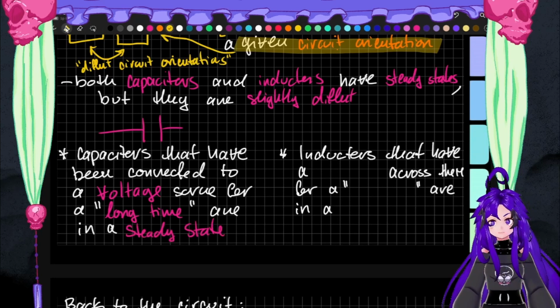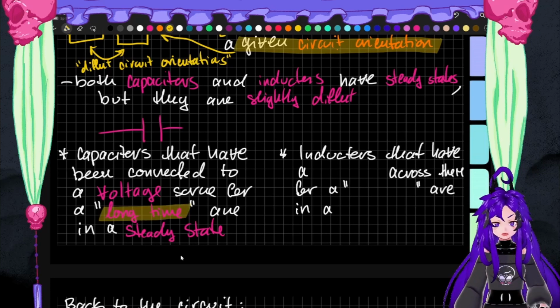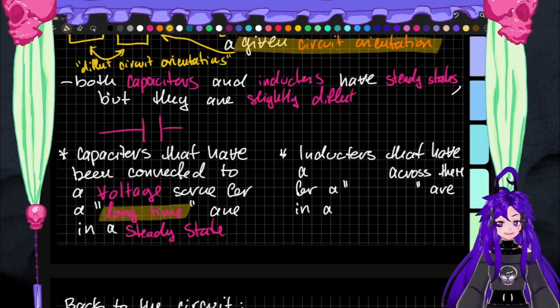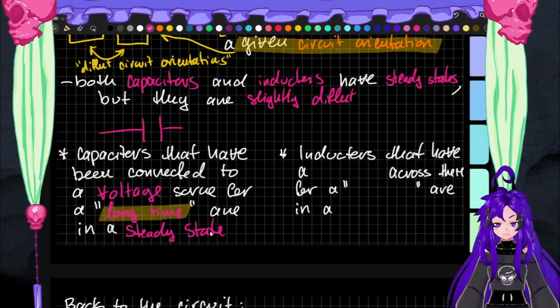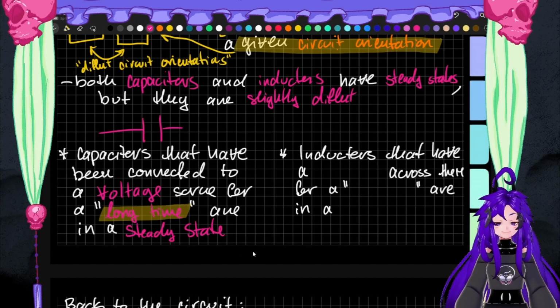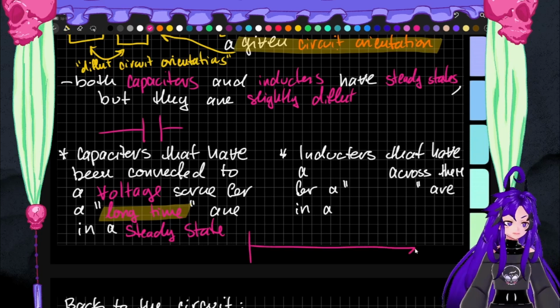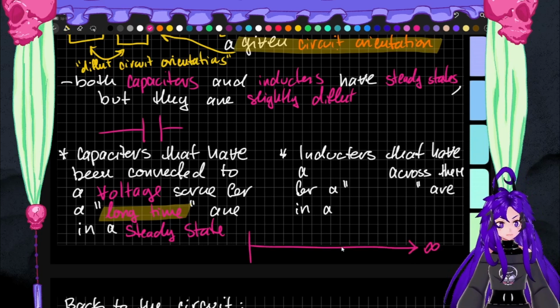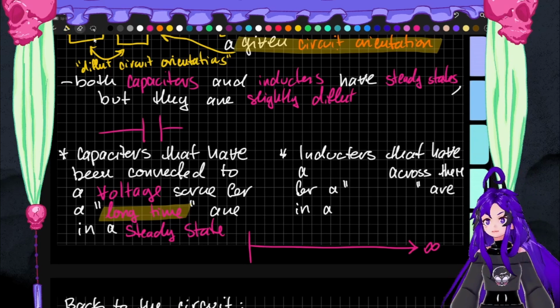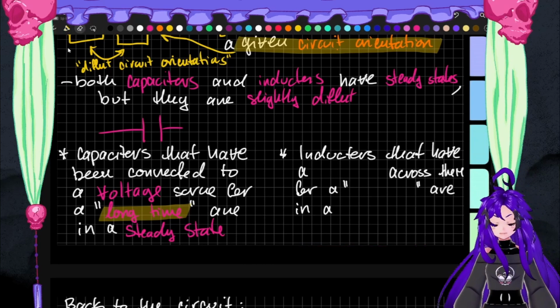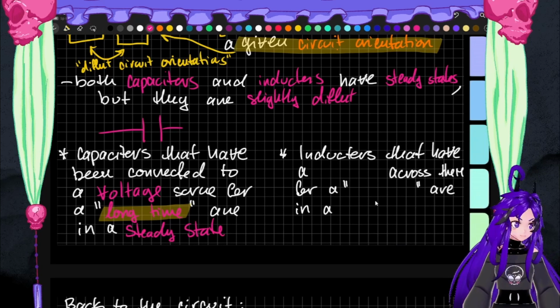And I say long time because that's the wording that comes up in problems. Something that has been connected for a long time might as well have been connected for infinity time, right? So it's had all the time in the world to get to steady state. That's what long time means.